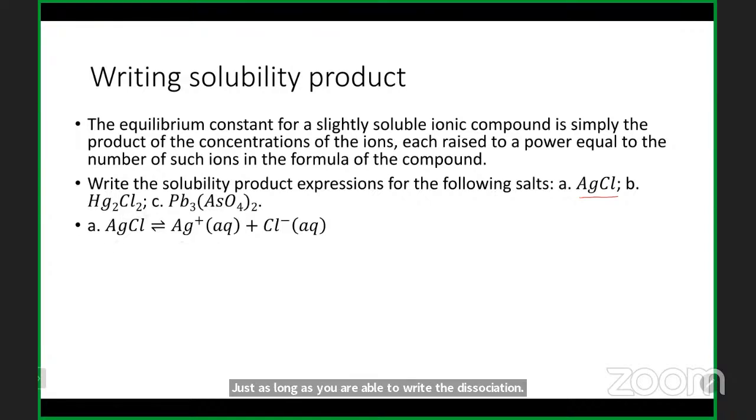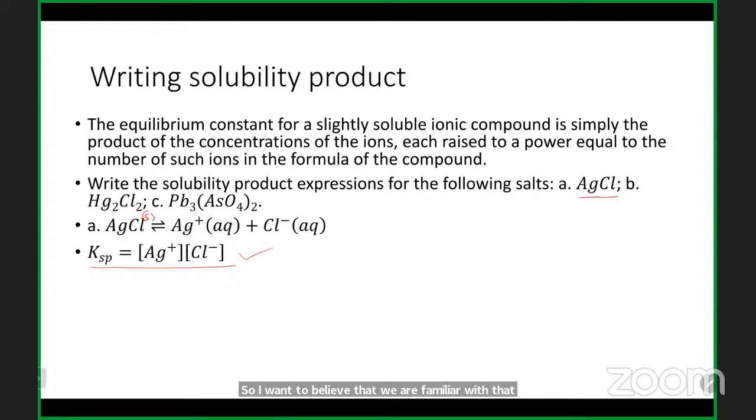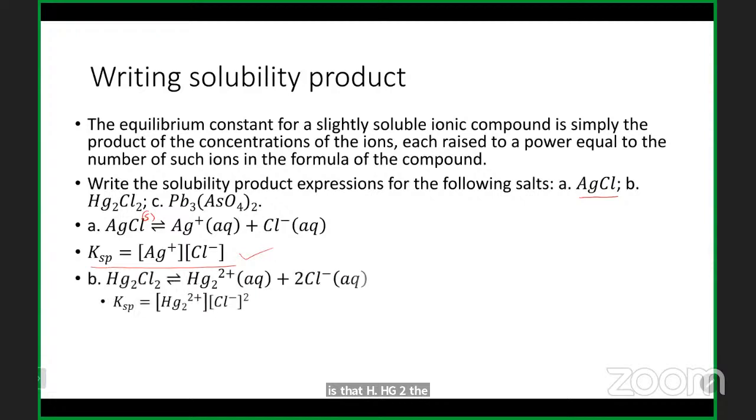AgCl dissociates. Please, it's important to put the solid state symbol, especially when you start to work more. It is important to write the steps of what you're dealing with. I want to believe that we are familiar with that. Ksp is that. For Hg2Cl2, this is where it can be tricky.